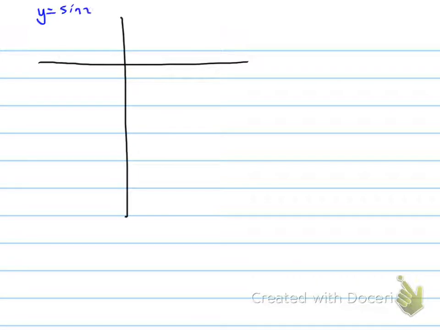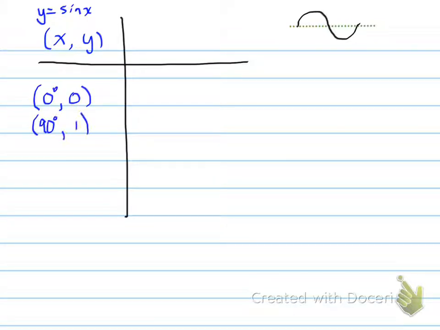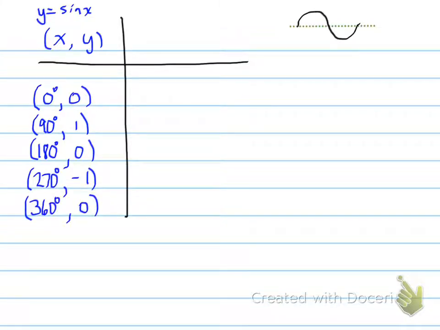All right, so here is our table. Y equals sine x. Our coordinates: 0, 0; 90, 1; 180, 0; 270, negative 1; 360, 0. On the other side of the transformation table, don't forget, this is your equation.